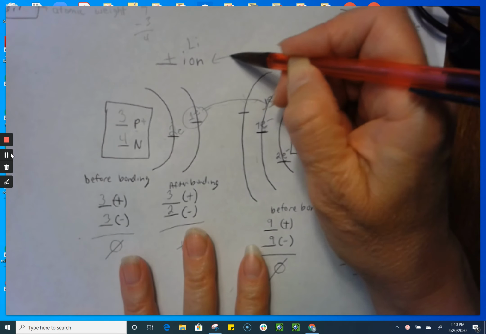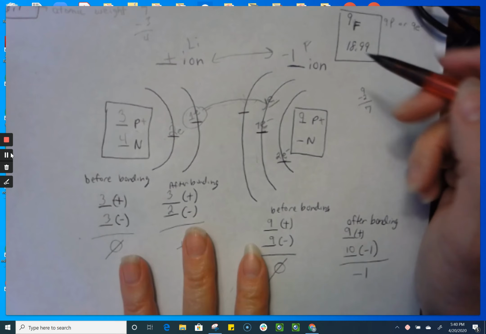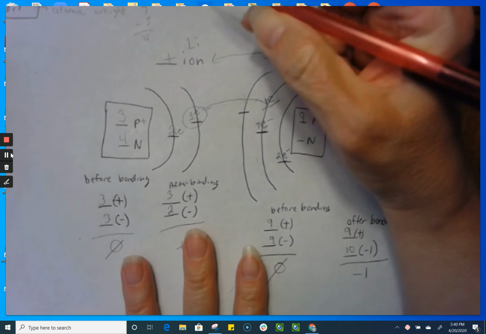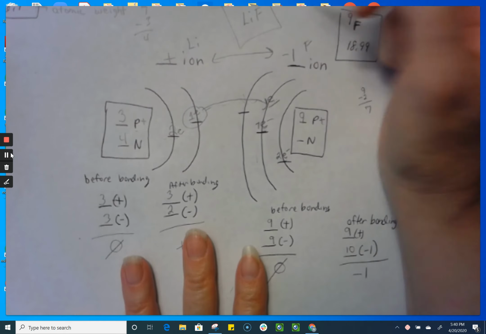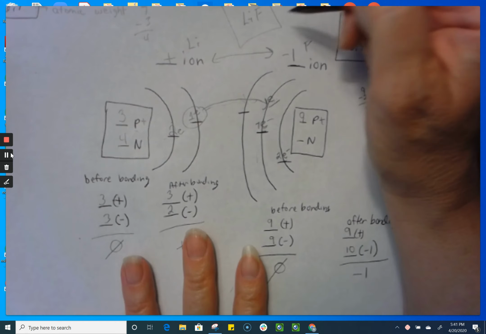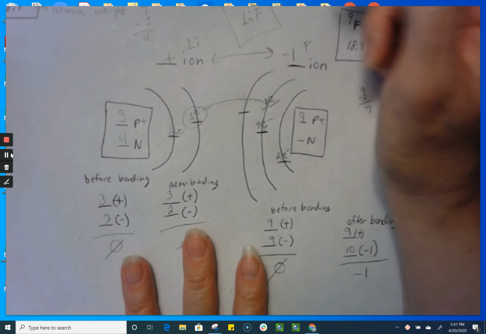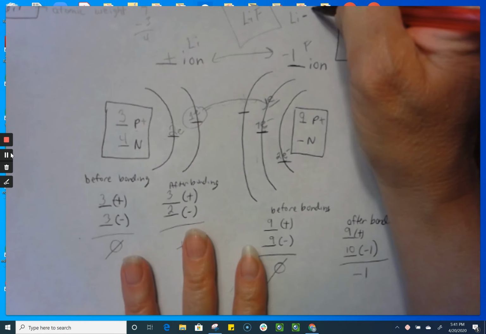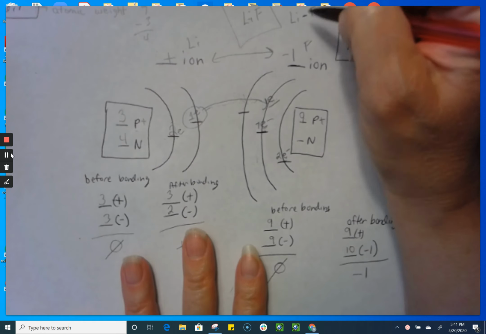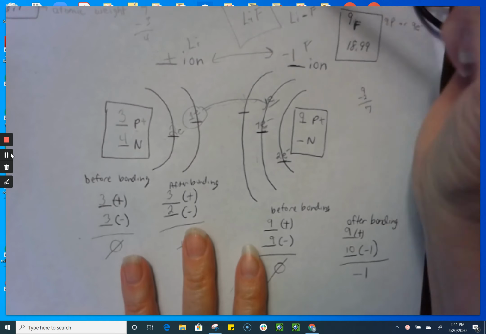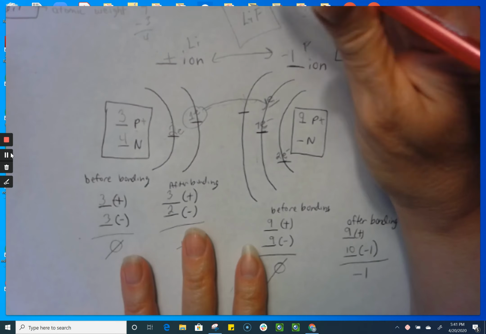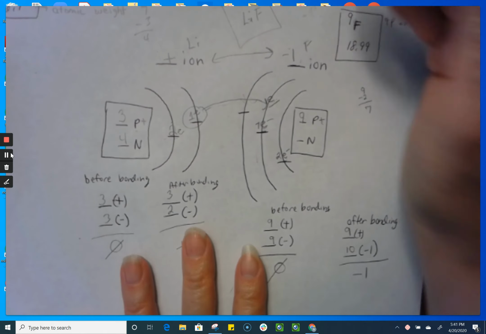So these two ions will now pull together and form a lithium fluoride bond. Now, when you write chemical formulas, the positive ion is always written first before the negative ion. So this is the chemical formula. If you saw something like this with a dash between it, this dash represents one electron being transferred. That's kind of more like a structural formula. And that's more with covalent bonding, actually, not so much ionic.